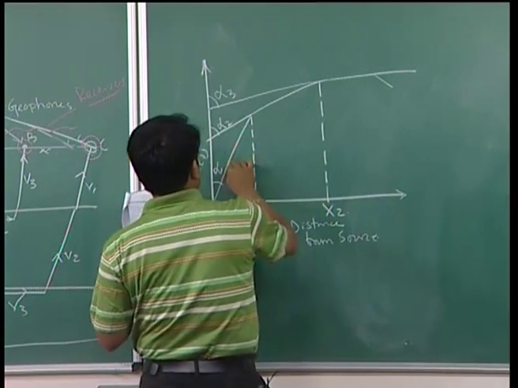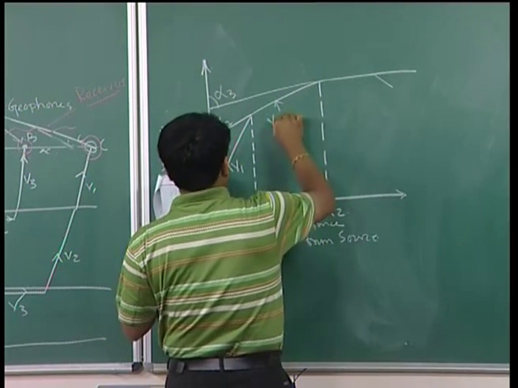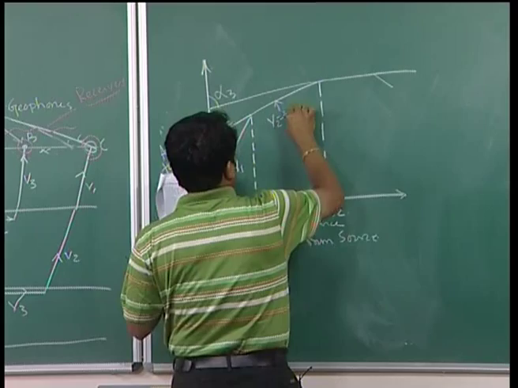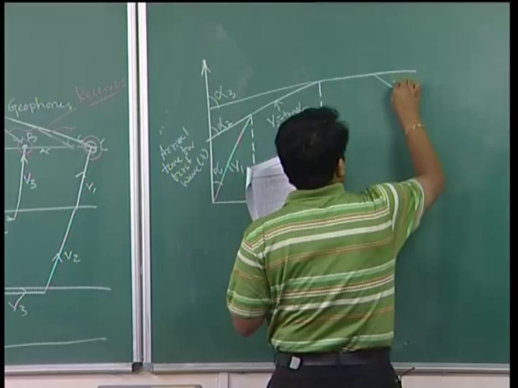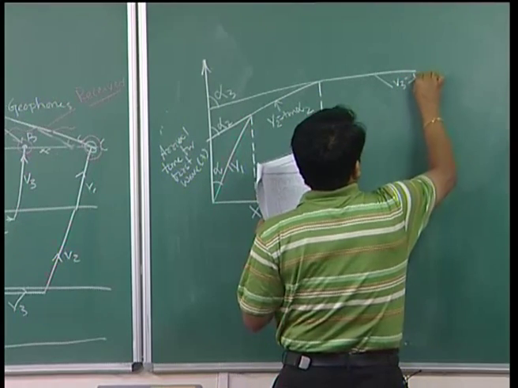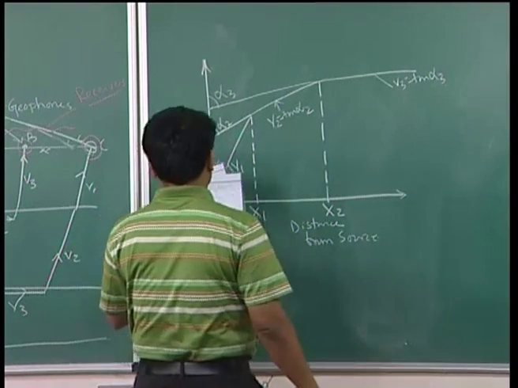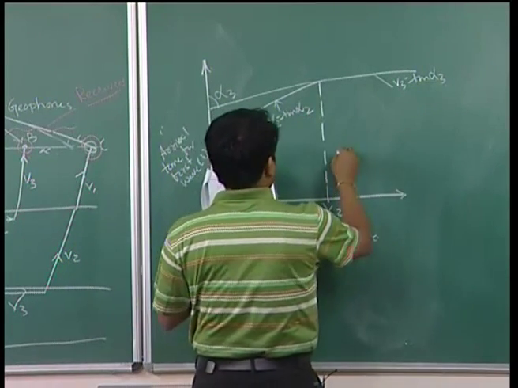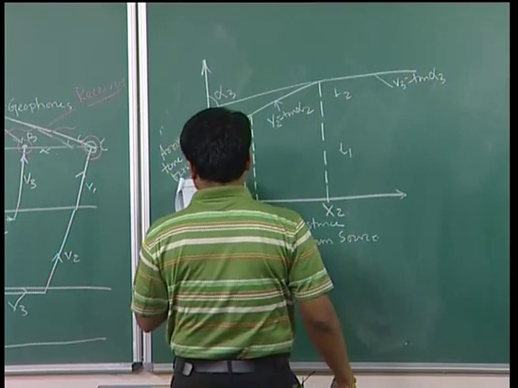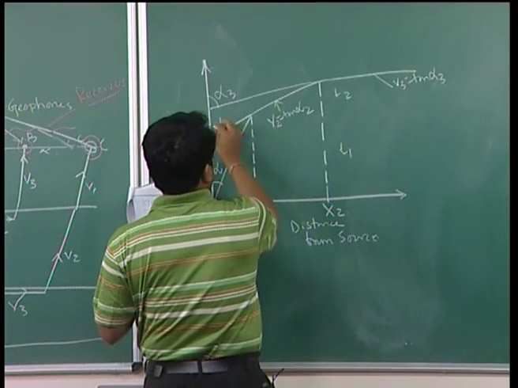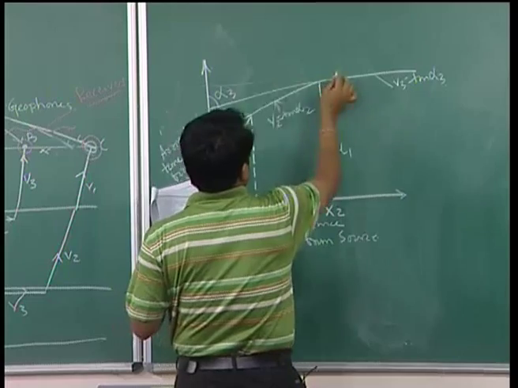If I write this is my V1 and this is your V2, tan alpha 2, V3 is equal to tan alpha 3. This will be, you can say, T1 plus T2 arrival time, say this is my T1, this is my T2.